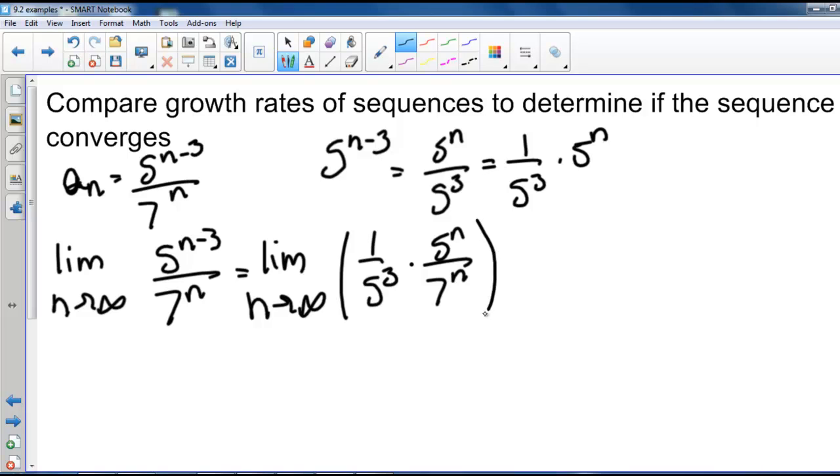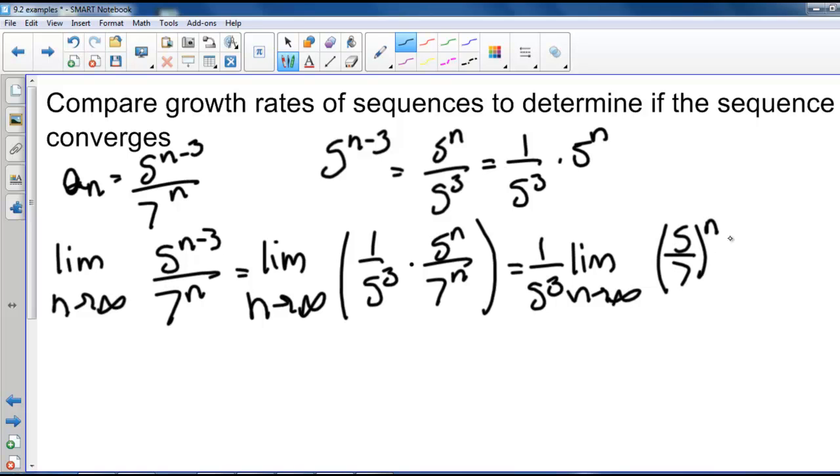We can pull the 1 over 5 cubed out in front of our limit, so 1 over 5 cubed times the limit as n goes to infinity of (5/7) to the n. So this equals 1 over 5 cubed times 0, which is 0, and this converges.